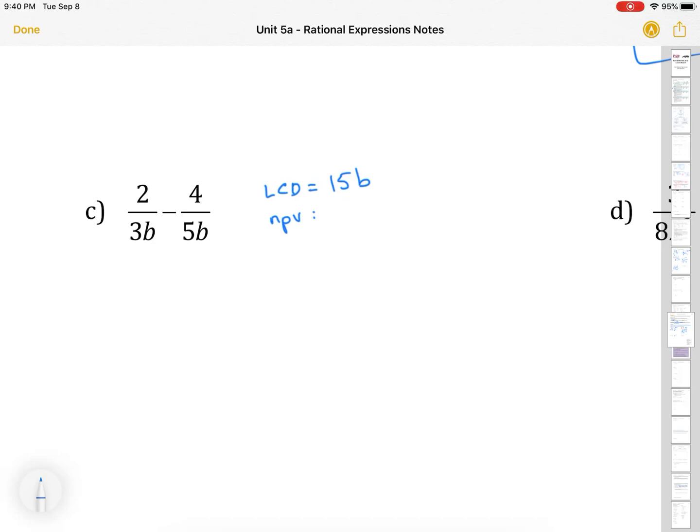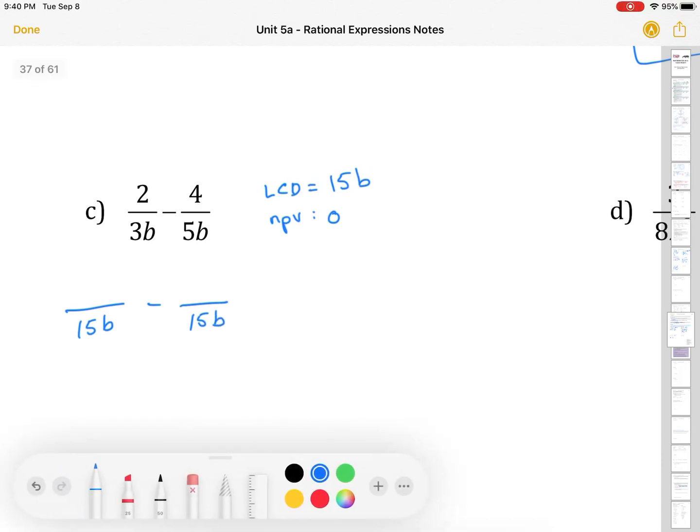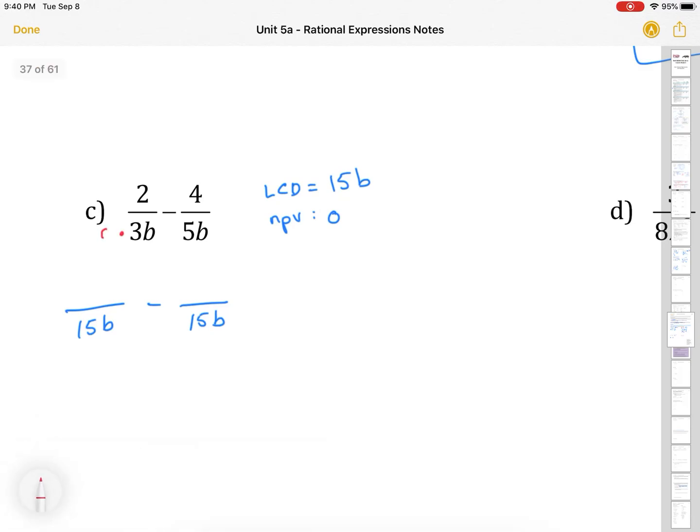For my NPV, b cannot equal 0. Okay, so now let's do our conversion. So 15b minus 15b. Worked hard to find that lowest common denominator, I might as well keep it. So I multiplied this by 5 and this by 3. So that's what I multiply the top and the bottom by.